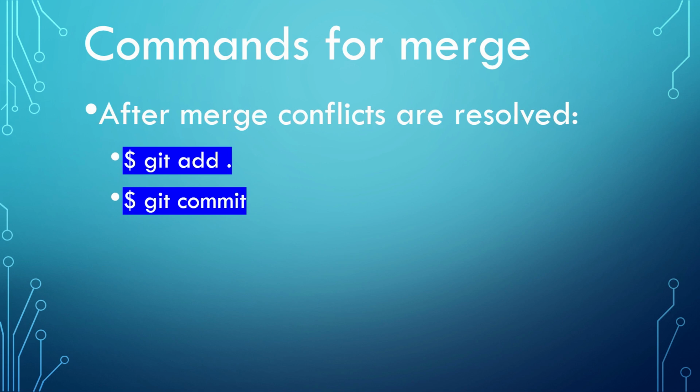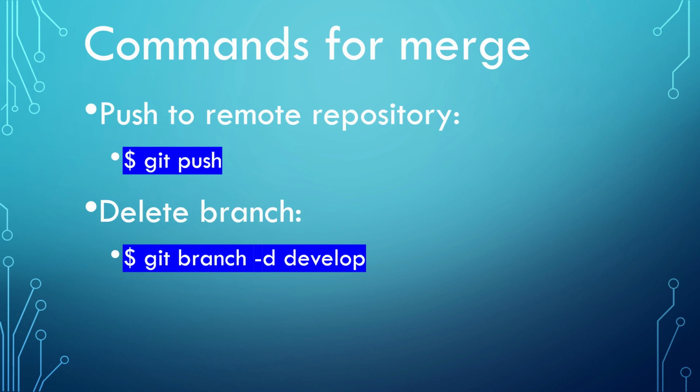After the merge conflicts have been resolved, use git add and commit commands to finalize the merge into the local repository. Finally, push the merge to the remote repository.